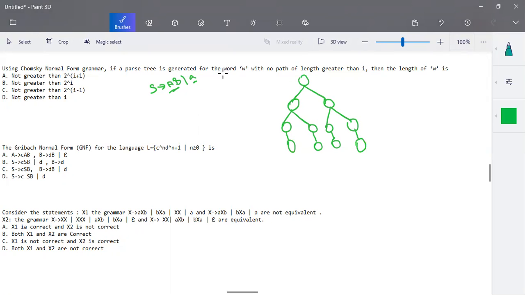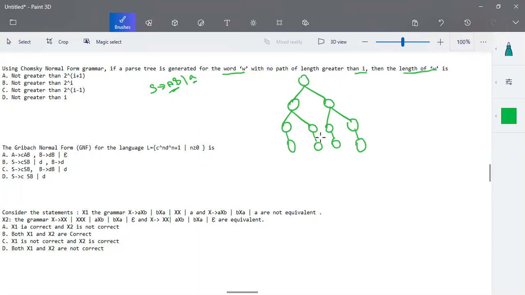Now what we are going to see is a word W. W means it derives to an input. So this is the input, generated with no path greater than I. So we are going to take the height of the tree, the maximum path length, and relate this I value with the length of the word.